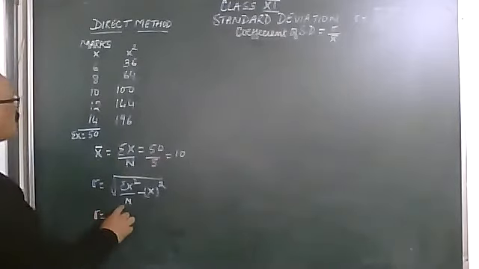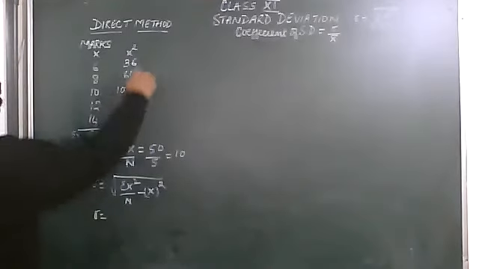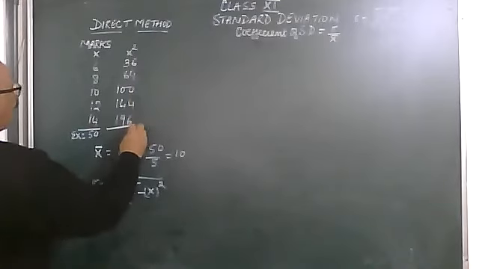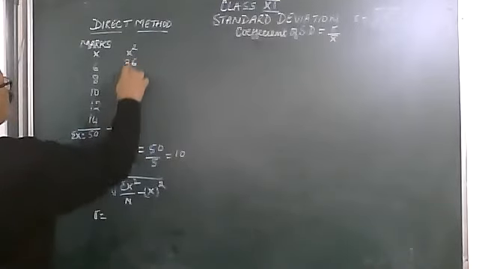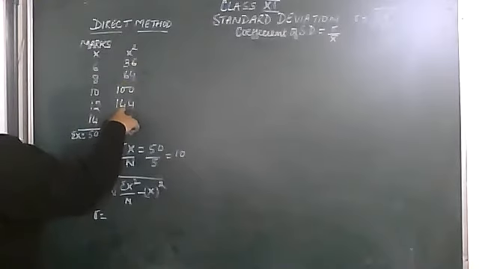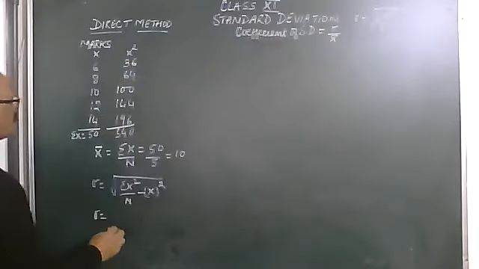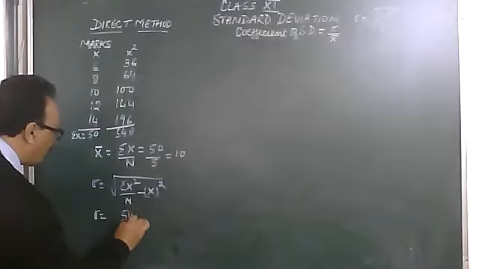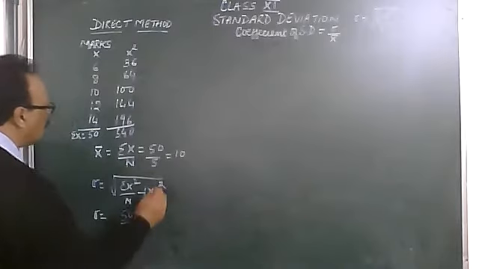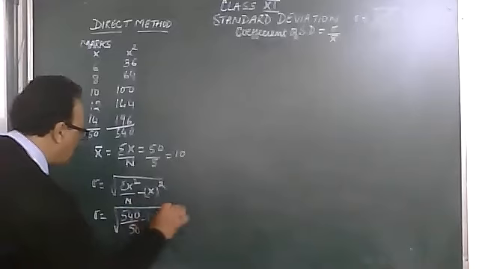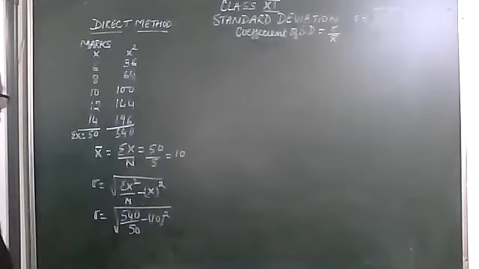Standard deviation is equal to, let us add this up, sigma x squared is 540, upon 50, minus what is the mean? 10 square, under root.